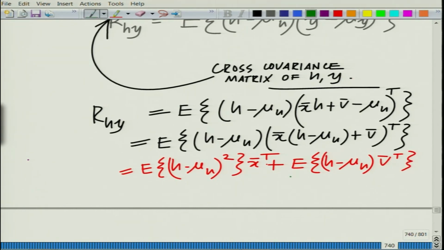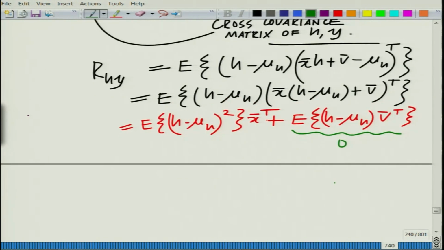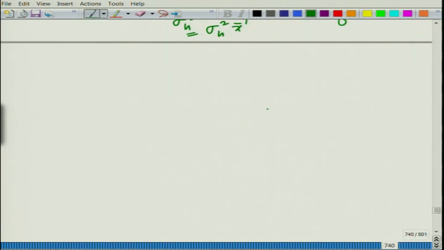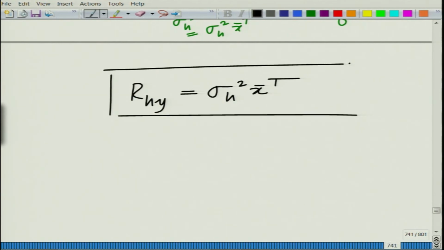As you know, the second quantity is equal to 0, and the first, of course, is the variance, sigma_h square. So the cross covariance matrix R_hy evaluates as sigma_h square times x bar transpose.